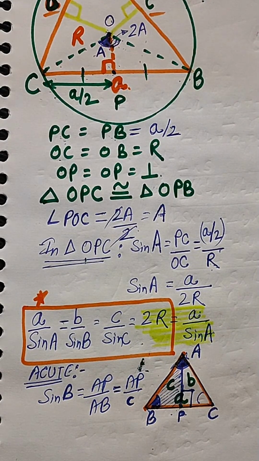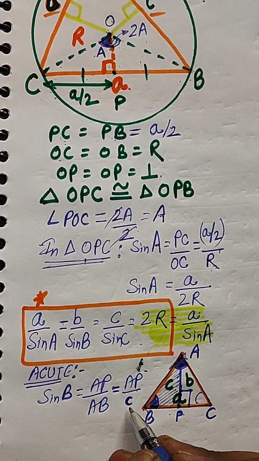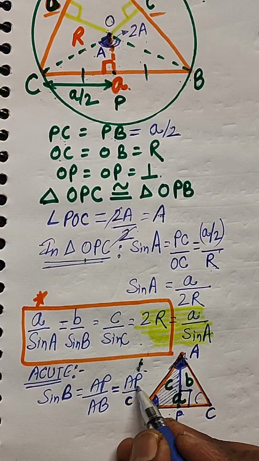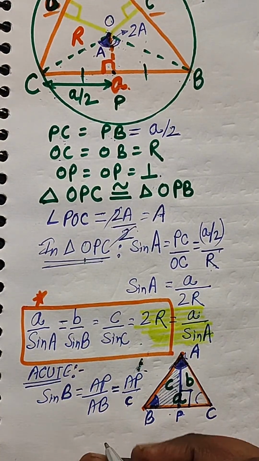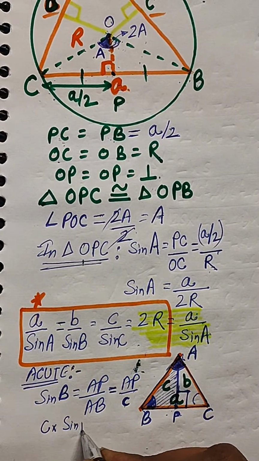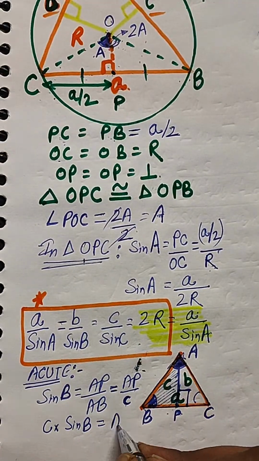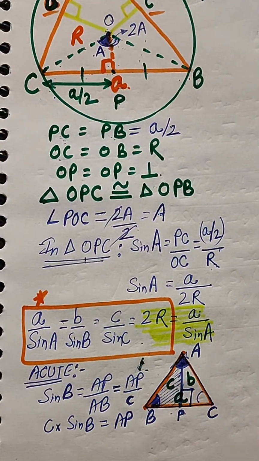So from here we can see that AP can be written as c times sine B. C into sine B is the length of this perpendicular AP, right?